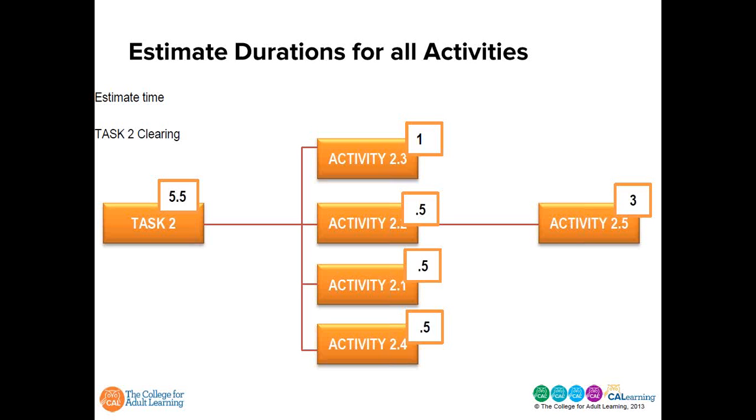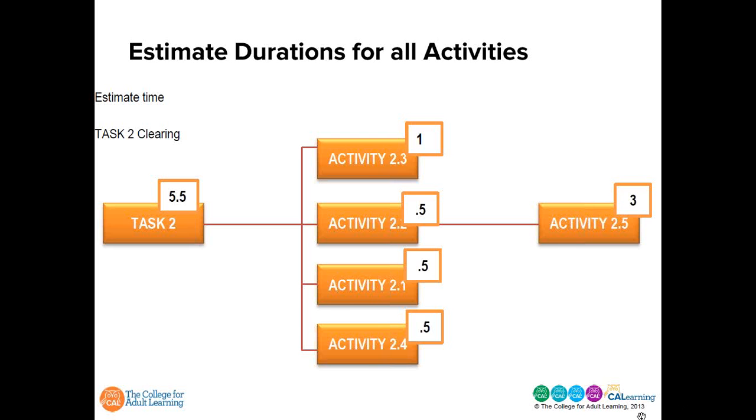So activity 2.3, for example, is getting the work crew and tools organised, and that'll take a whole day to get ready, whilst activities 2.1, 2.2, 2.4, so things like getting the dump in, organised, completing the clearing and hiring the machine necessary, will only take half a day. Then activity 5, that is clearing up and levelling the site, will take 3 days.